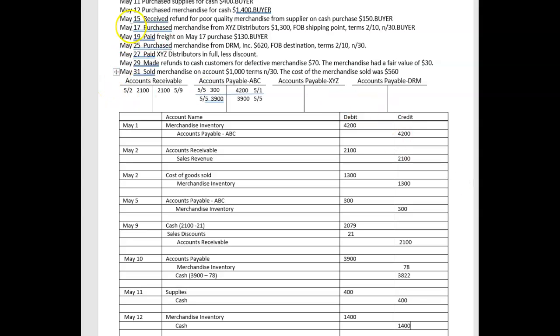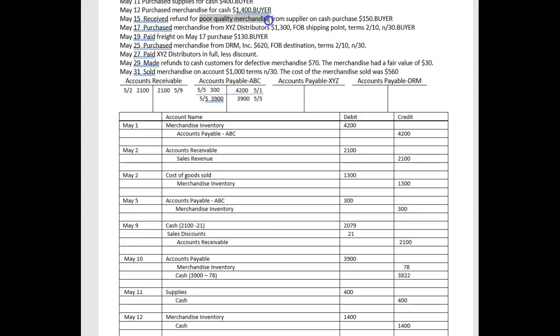All right, now let's look at May 15th. Received refund for poor quality merchandise from supplier on cash purchase. So back up here, they just bought this inventory for $1,400 and they bought it for cash, and now they are returning some of that inventory because it's poor quality. So think about it, if you buy food or other items for cash and you bring it back, usually you will get cash back.